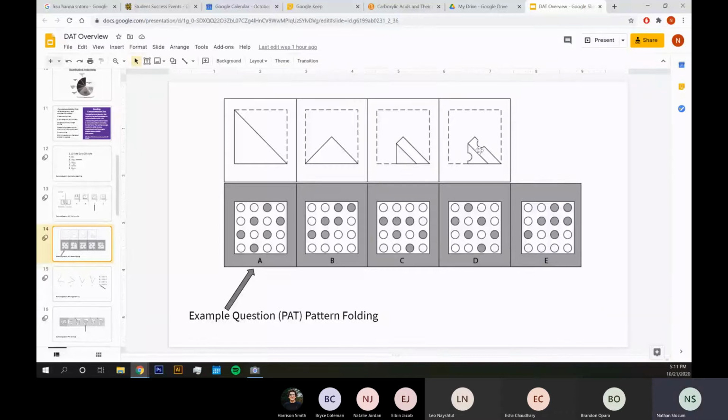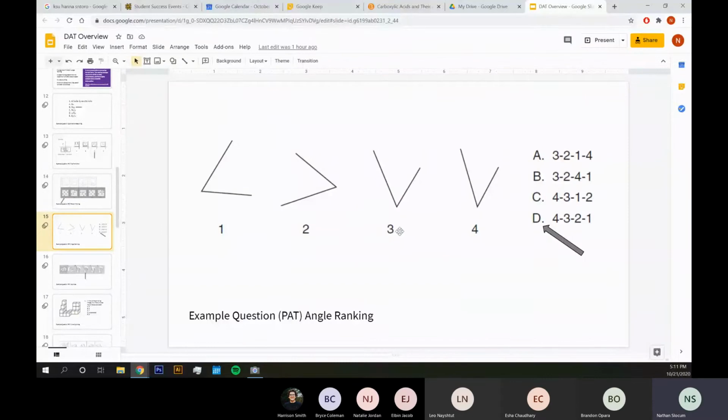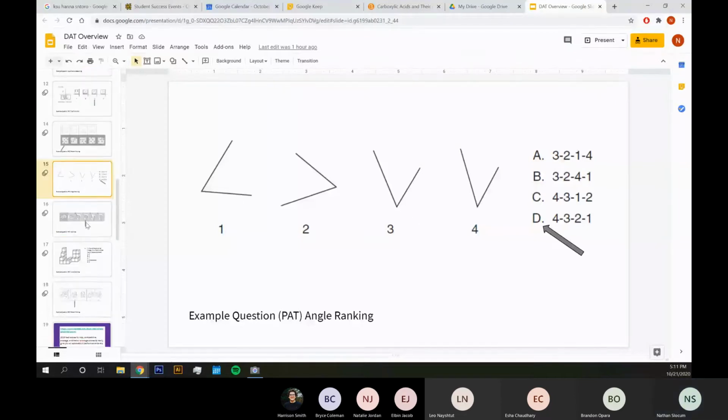I'm not actually sure how those little half circles evolve, but you derive the answer from the 4 slides up here. And here's the angles. It doesn't give you the numbers, but you have to sort which ones are smallest to largest, where 1 is the obvious largest, but between 3 and 4 it can get a little tricky.